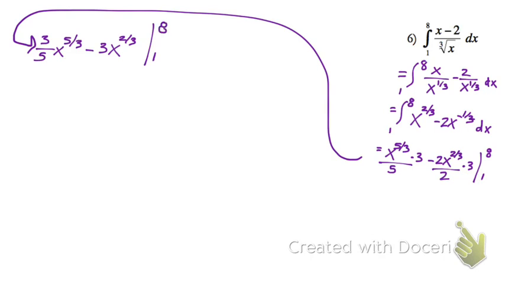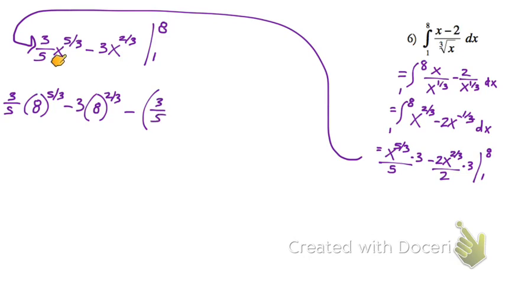If I plug in 8 first, that would be 3/5 times 8 to the 5/3 minus 3 times 8 to the 2/3, minus 3/5. If I plug in 1 to this, that would just be 1 to the 5/3, which is 1. So I'm just going to leave that as 3/5. If I plug in 1 to this, that would be 1 to the 2/3, which is just 1. So I'm going to leave this as minus 3.